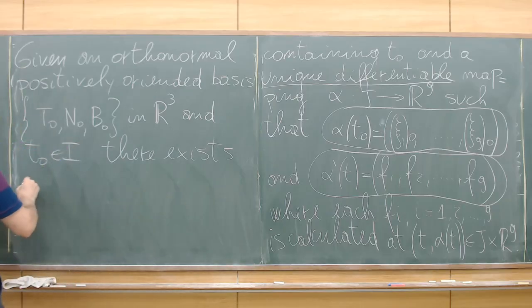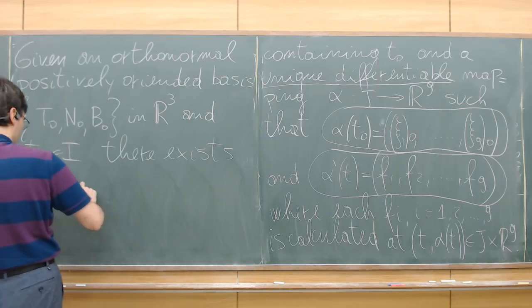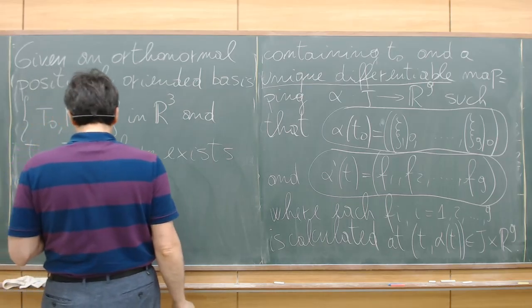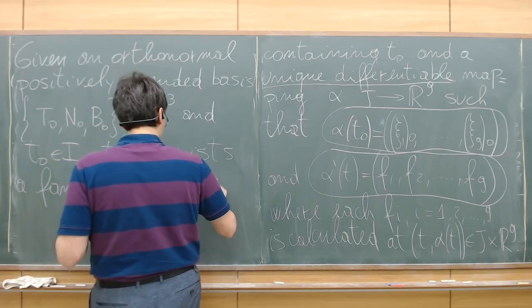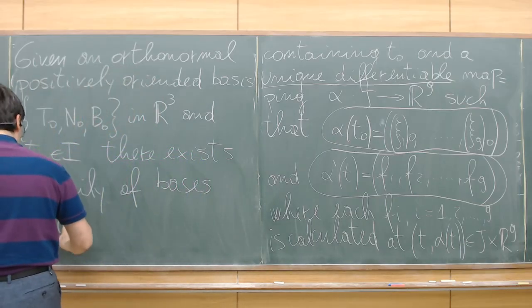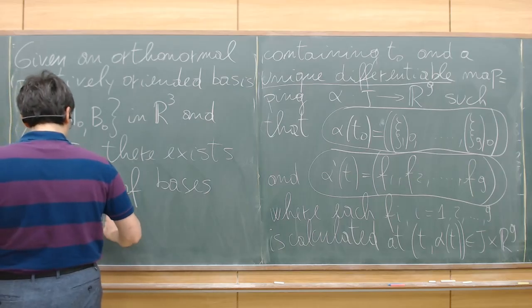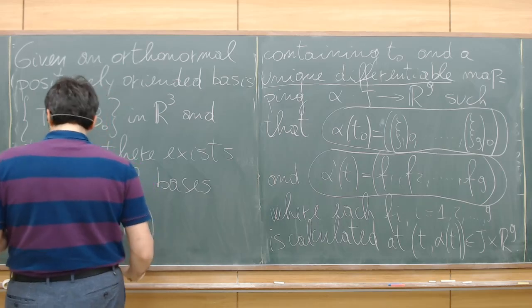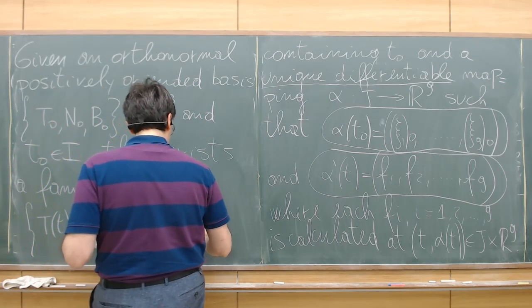So I can write a family of bases T(t), N(t), B(t), with t in I.